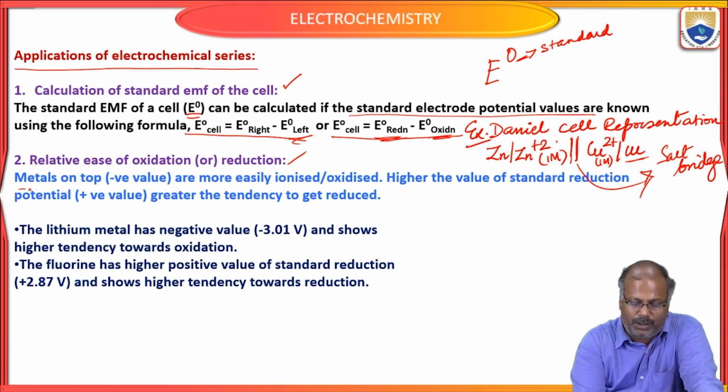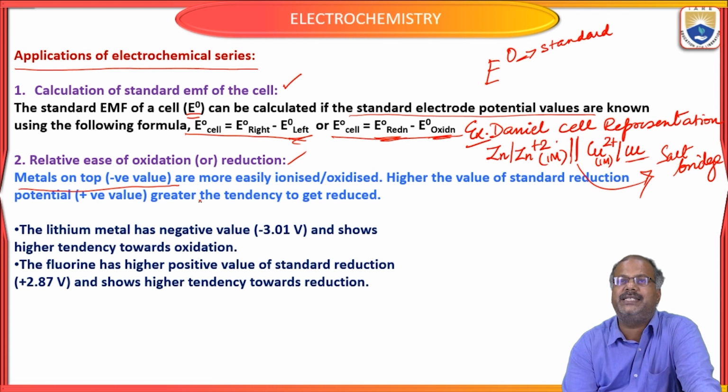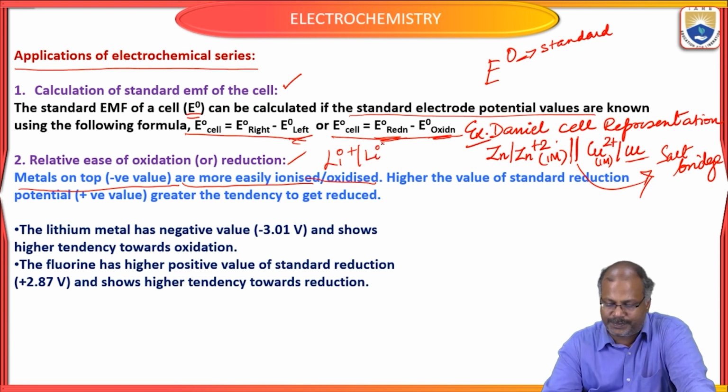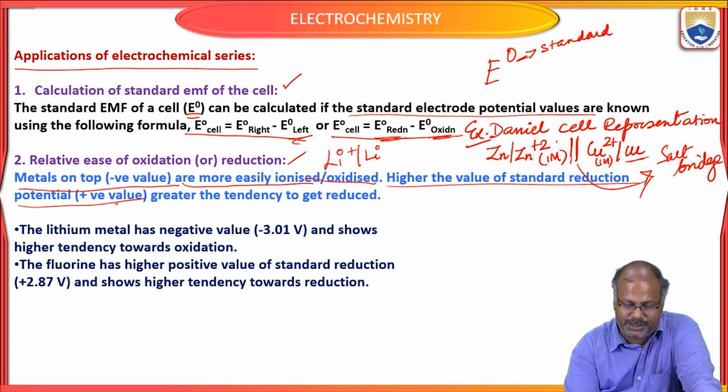A metal on top, with the most negative value, is most easily ionized or oxidized, for example lithium. The higher the value of standard reduction potential, the more positive, the greater the tendency to get reduced.